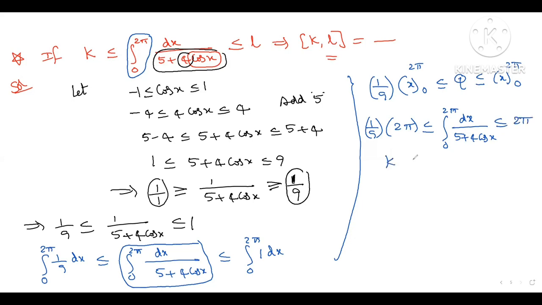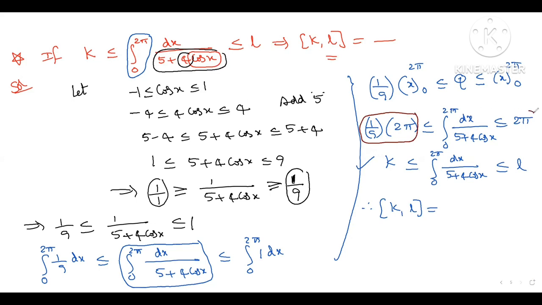On comparing with k ≤ ∫₀^{2π} dx/(5 + 4cos x) ≤ L, the closed interval [k, L] is equal to what? 2π/9 is the minimum value of this function and 2π is the maximum value. So the answer here is [2π/9, 2π].